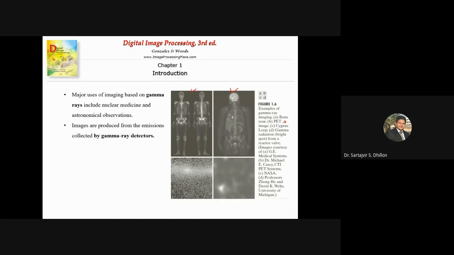The other two are space images acquired from NASA, which have been used for astronomical observations. So these are the major applications of gamma rays or gamma imaging.